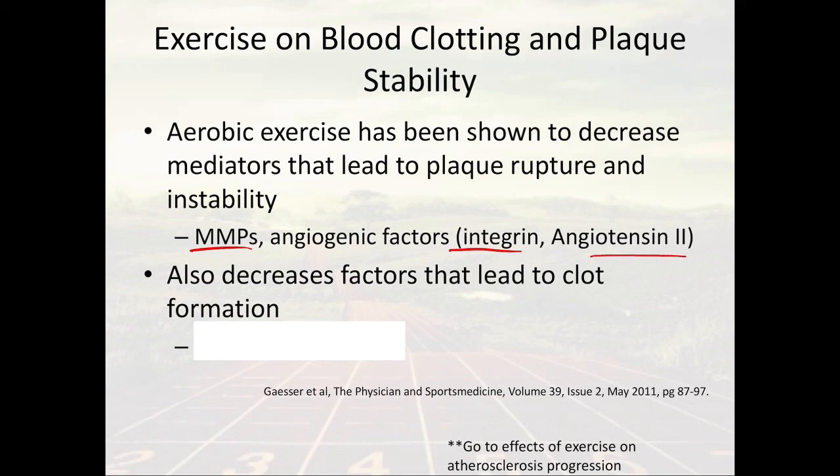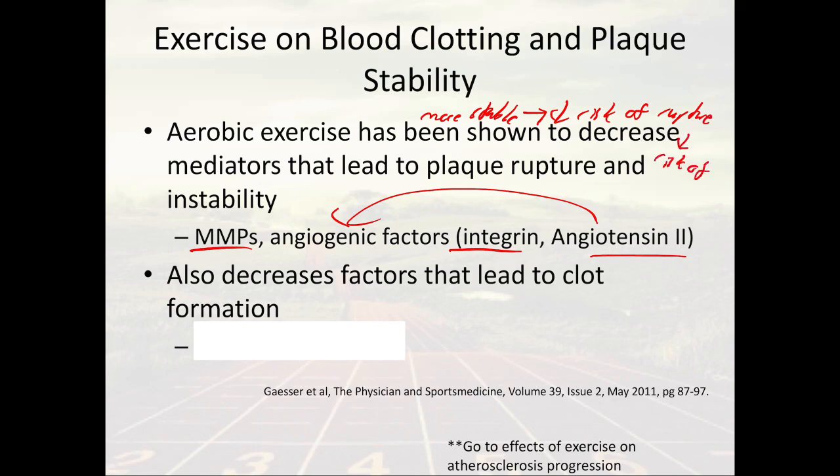Also angiotensin 2 wasn't mentioned before, but that's one of the angiogenic factors as well. Exercise decreases these, which makes the plaque more stable. Okay, so more stable, which would mean decreased risk of rupture, which means decreased risk of clot, which means decreased risk of MI or stroke.